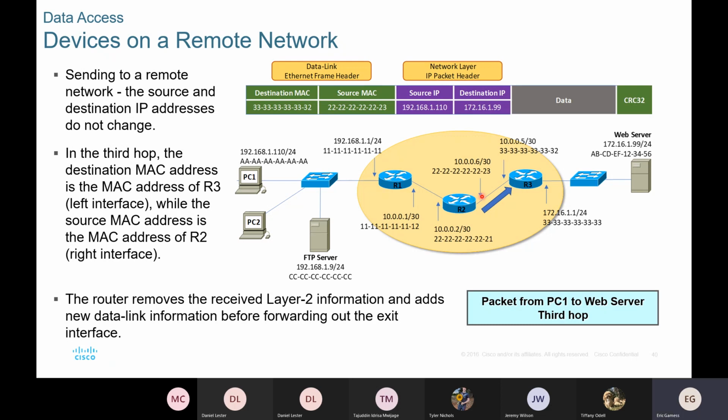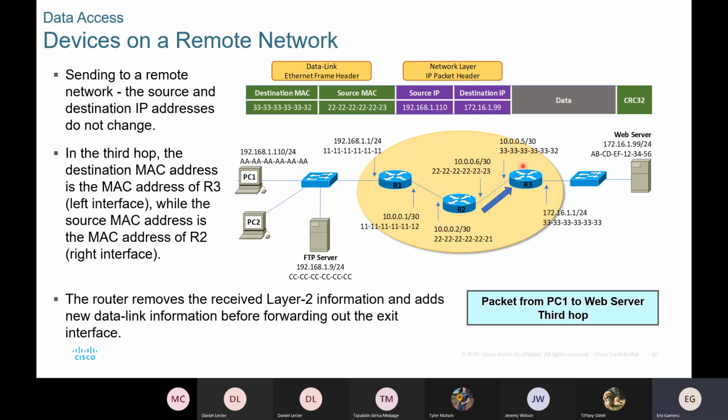So at the level of the network layer, which is layer 3, the source IP address will still be the IP address of PC1 because they don't change. And the destination IP address will be the IP address of the web server.